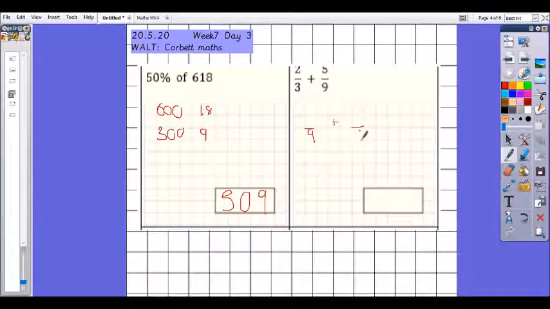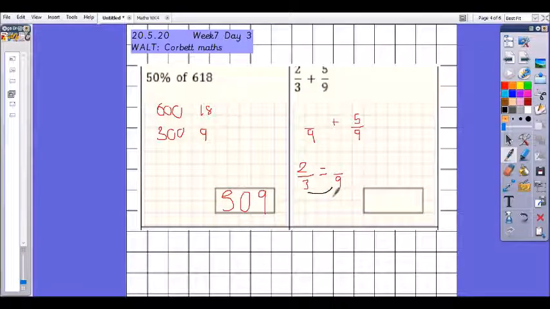5/9 is already in ninths, so that one is going to stay exactly the same. However, I want to convert 2/3 into ninths. What I need to do here is look at my denominators and see how I have converted, or how I have got from 3 to 9. What have I multiplied by? Well, I know 3 times 3 is 9.